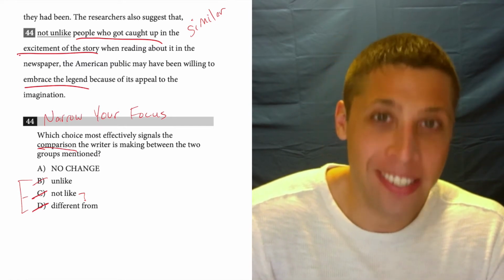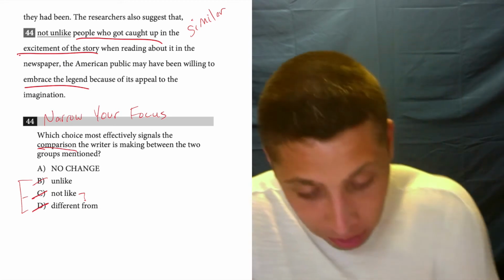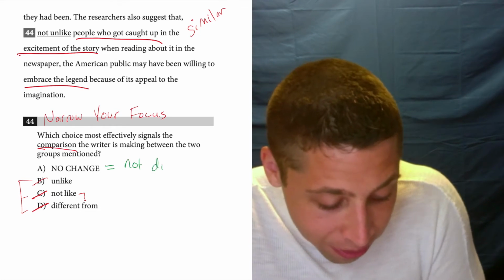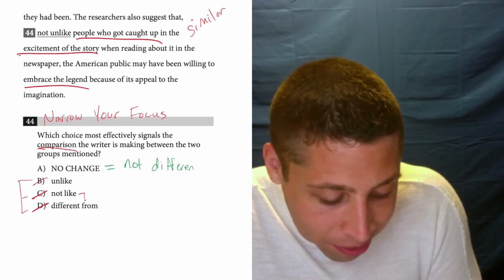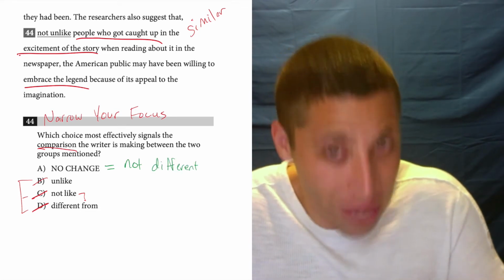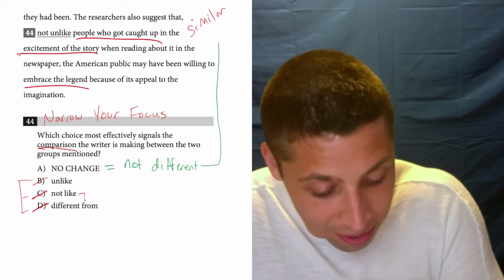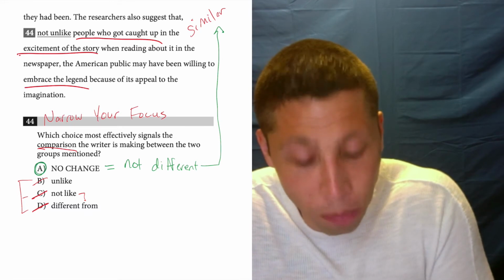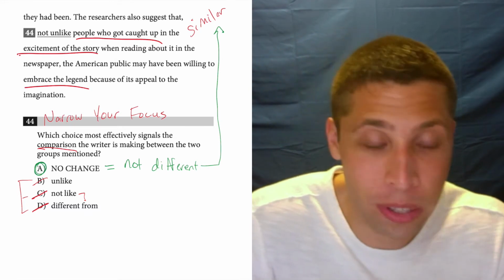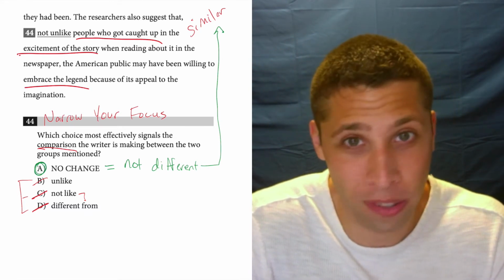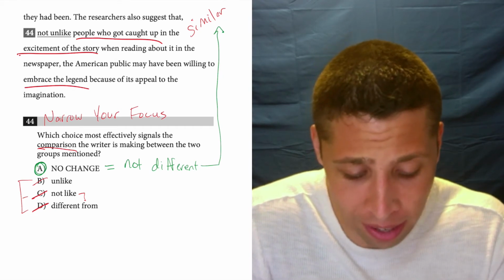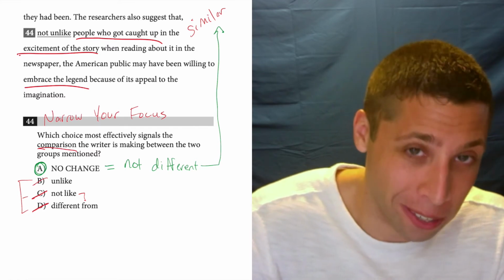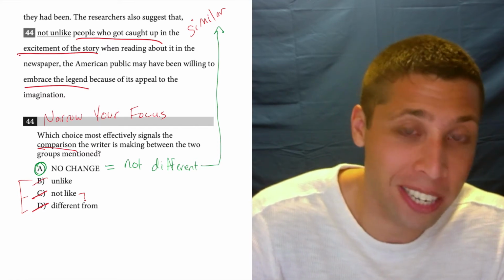If something is not unlike, or another way to put this might be not different, then that means that it's similar. And so choice A is super weird. Our instincts would tell us to stay far away from those words. That's so strange to talk like that. But because it's different, because it's not like the other choices, it ends up being right.